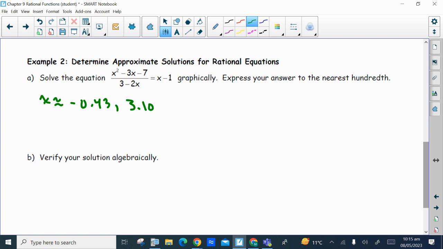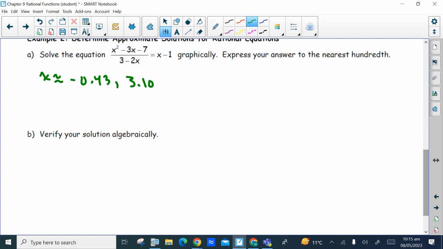Now, just because the answers are irrational doesn't mean that they can't be found algebraically. So we will solve this algebraically by, again, multiplying both sides by the common denominator, because there's only one denominator. 3 minus 2x, that is my common denominator.